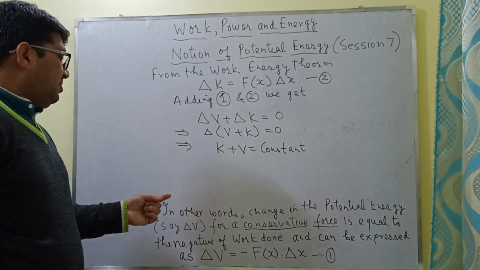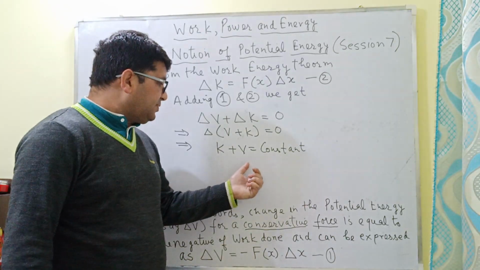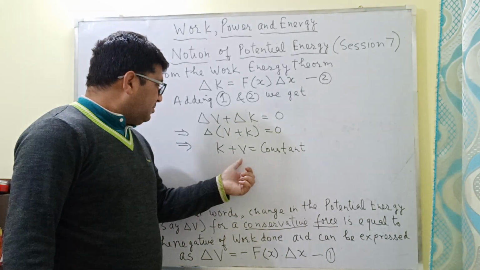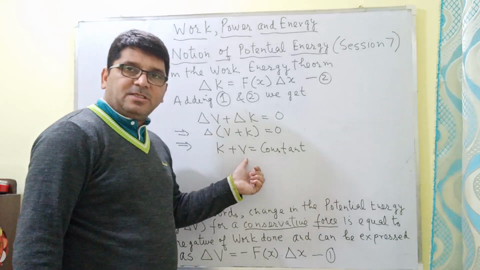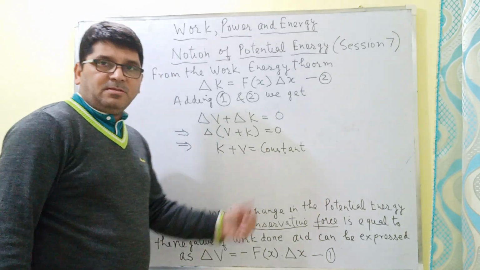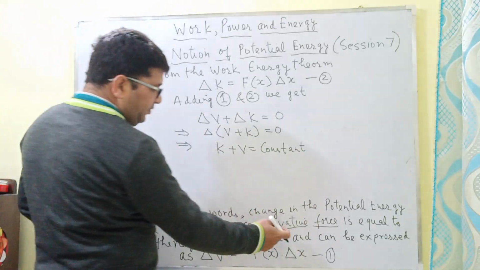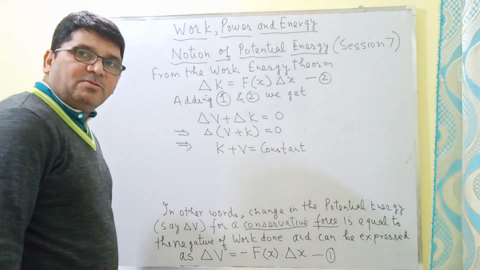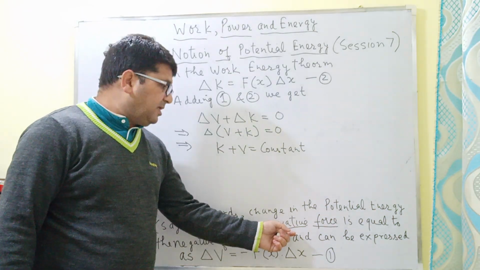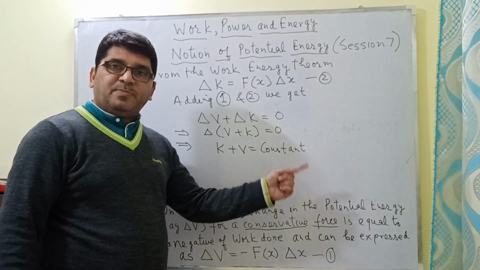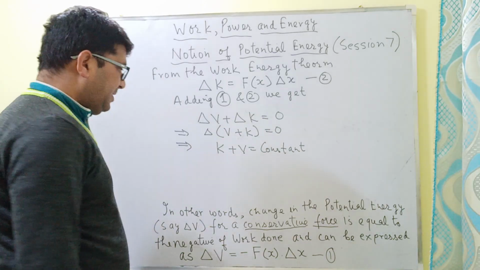That is, if a body is subjected to a conservative force, then the sum of the kinetic energy and the potential energy will always remain constant. Now, here I have used the word conservative force. The meaning of a conservative force is that it is a force in which the work done depends only on the initial and the final position of the object.